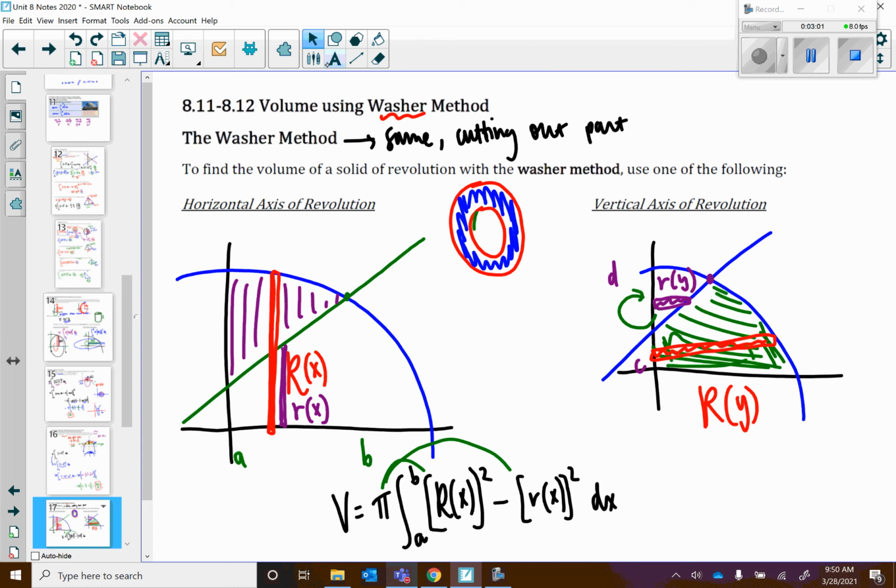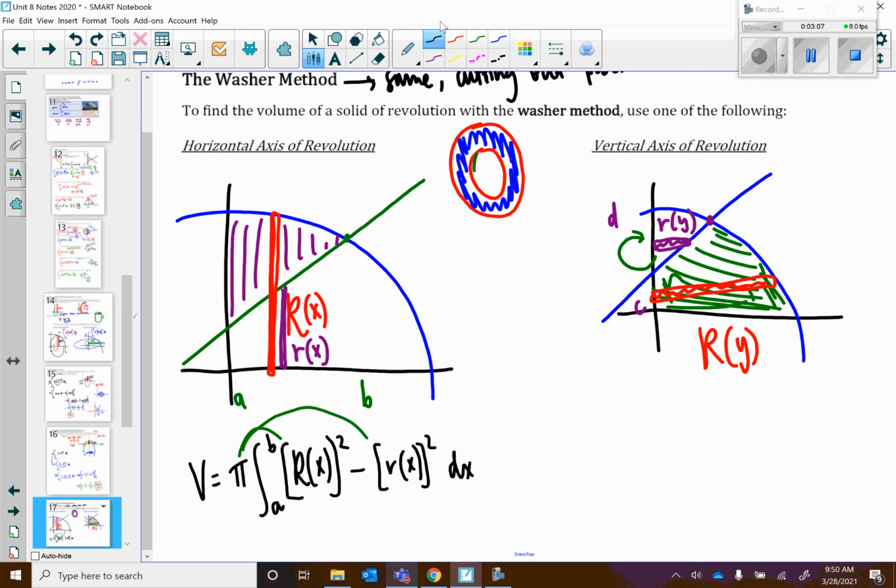So the volume here would be pi times the integral from c to d of our big radius R of y squared minus our little radius r of y squared with respect to y.